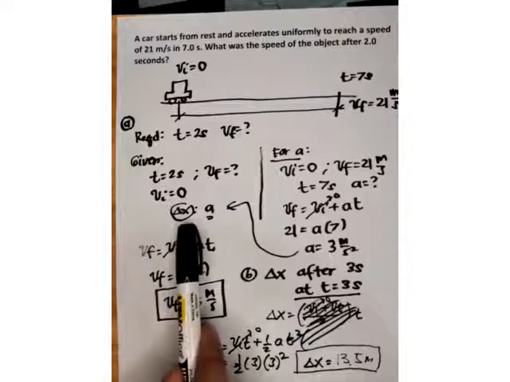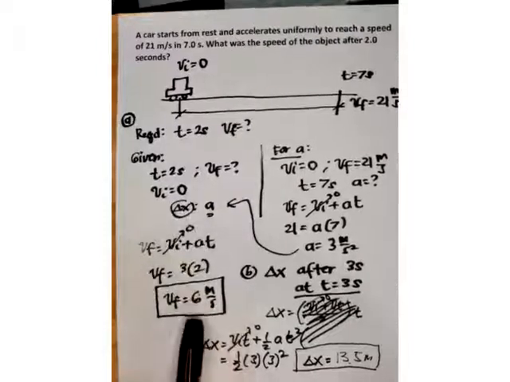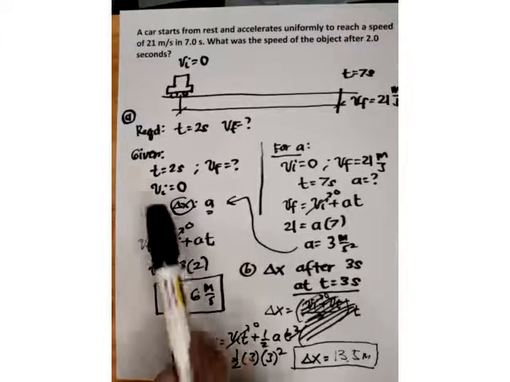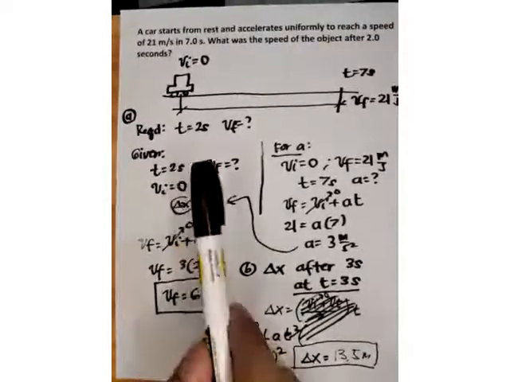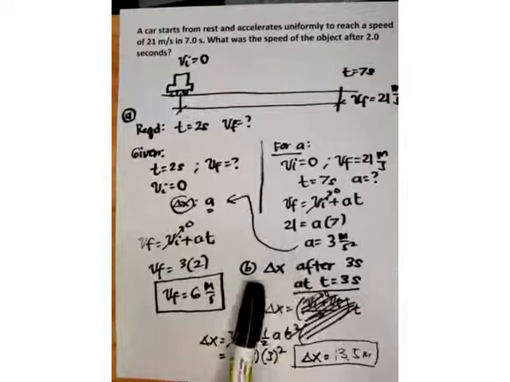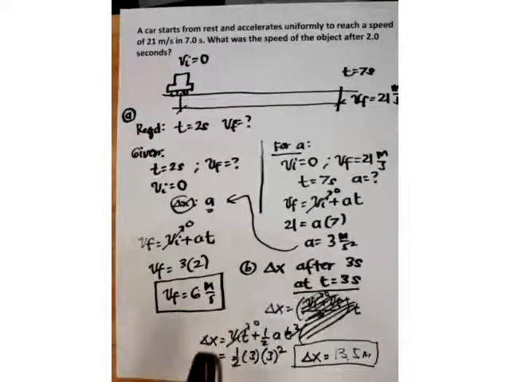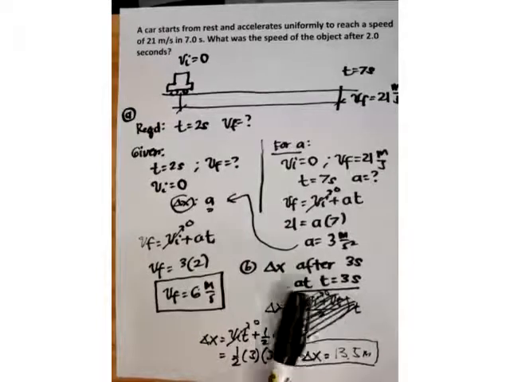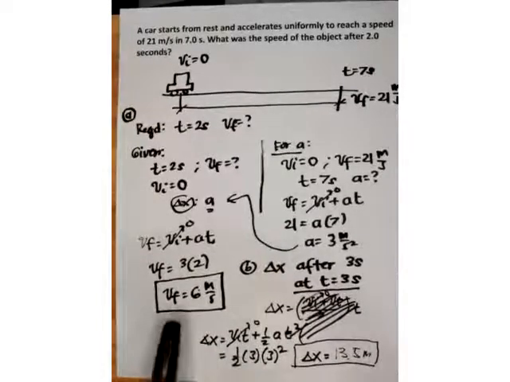So, hindi mo pwedeng gamitin yung 6 kasi ang 6 meters per second, ayun yung velocity niya after 2 seconds. Ang ni-require sa second question natin is displacement nung 3 seconds. So, pwede naman din kunin mo muna yung V final kahit hindi siya tinatanong bago mo kunin yung displacement.